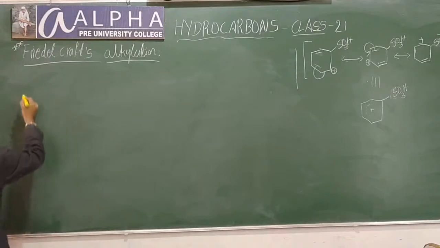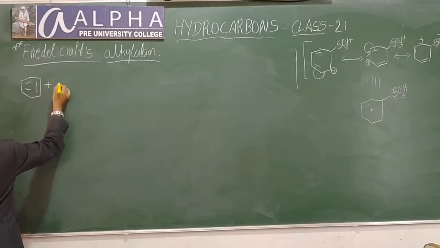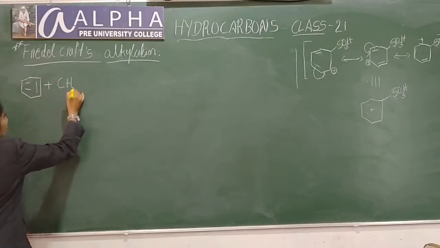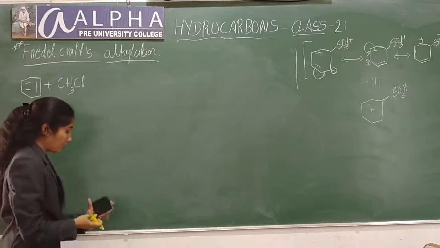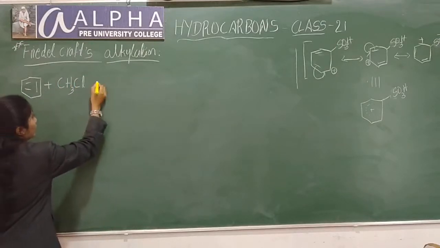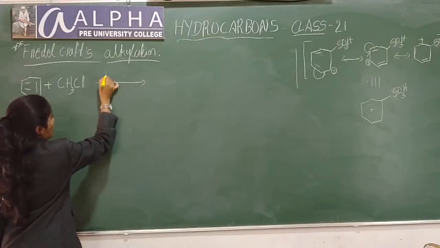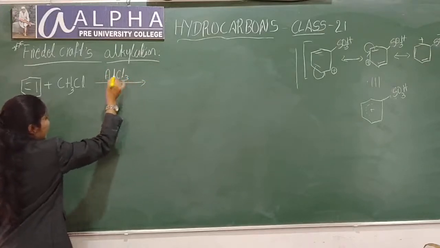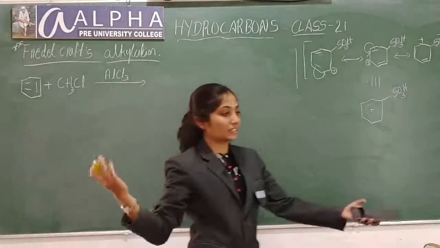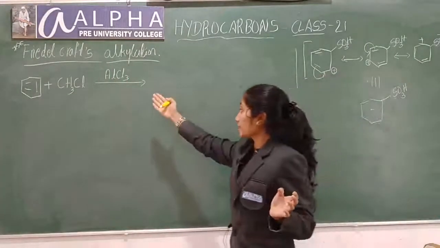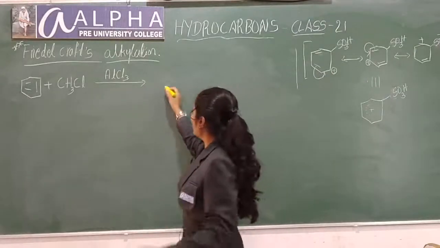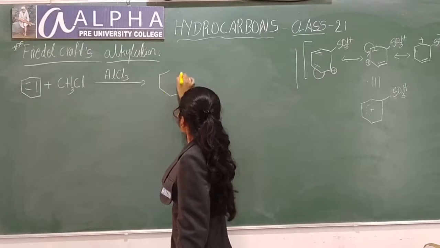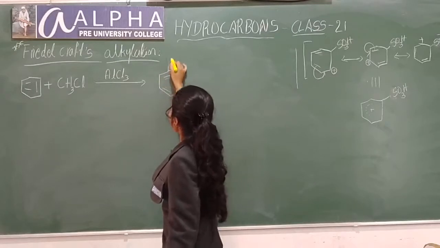Here benzene will react with alkyl chloride, CH3Cl, in the presence of anhydrous AlCl3, a Lewis acid, to produce alkyl substituted benzene.